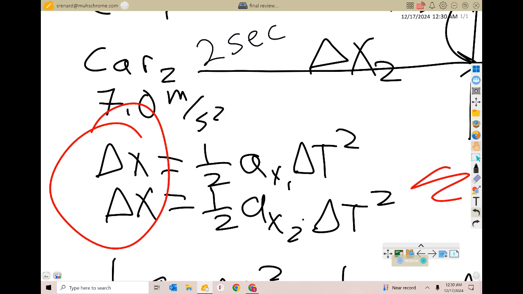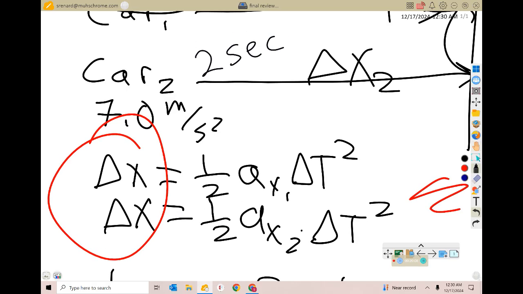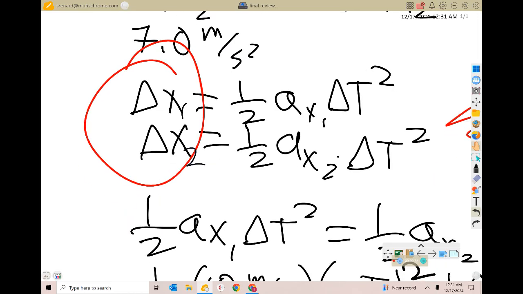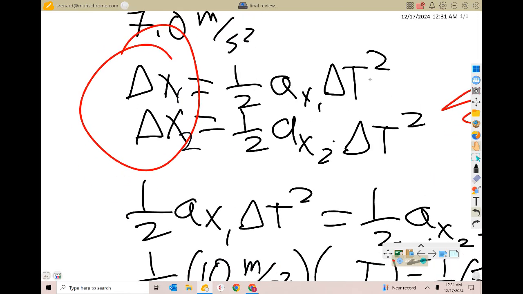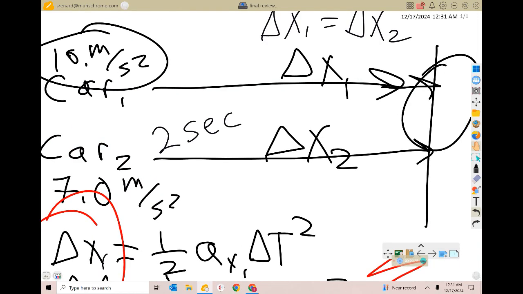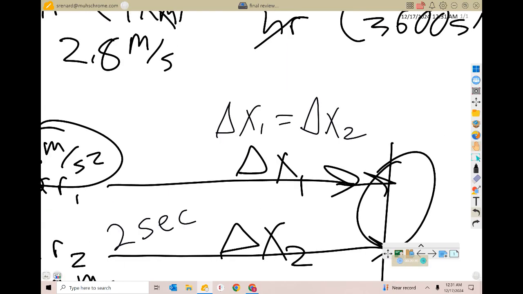So what we have here is the distance that car number 1 goes is equal to 1/2 its acceleration times the time it drives squared. The distance that car number 2 goes is equal to 1/2 its acceleration times its time squared. And when you look at this, remember that when they pass each other, they're going the same distance.